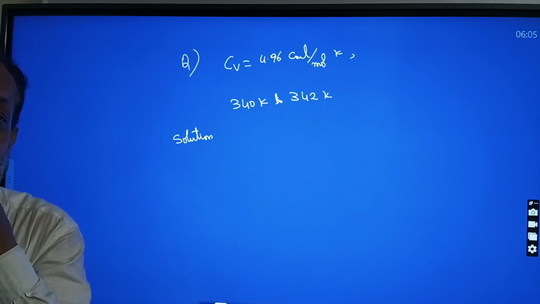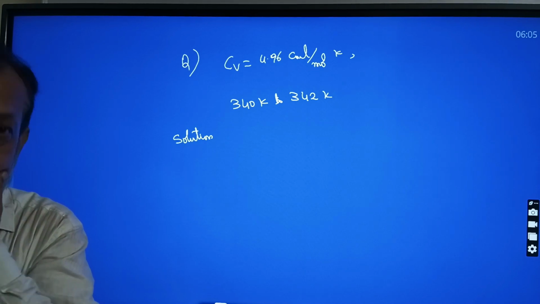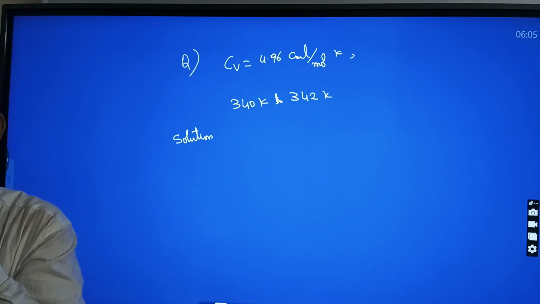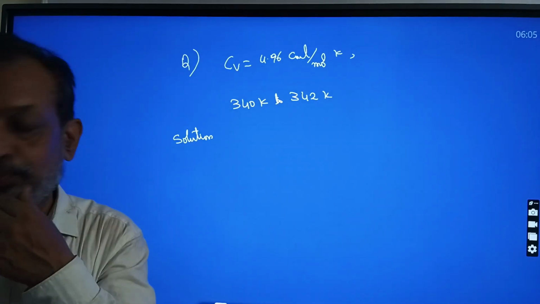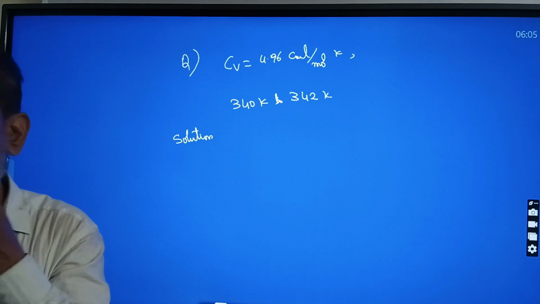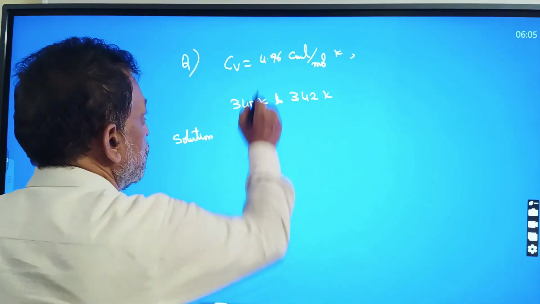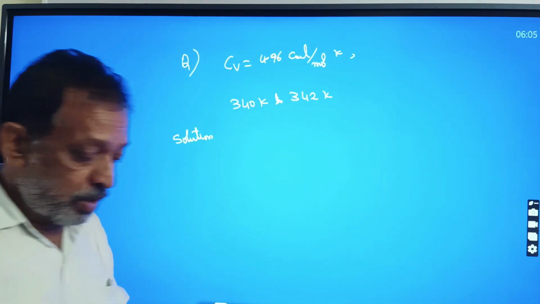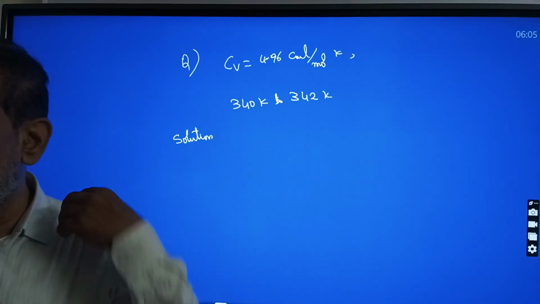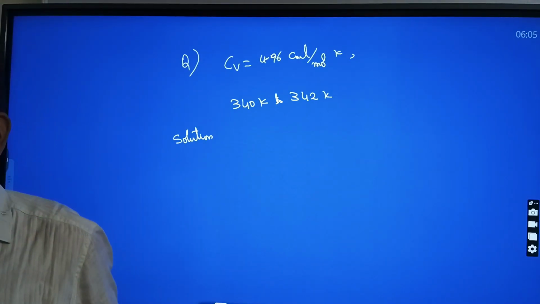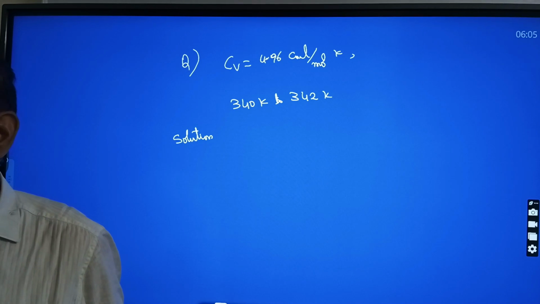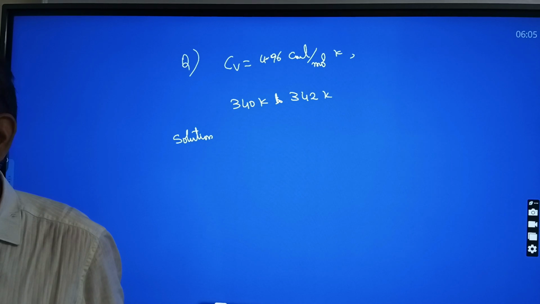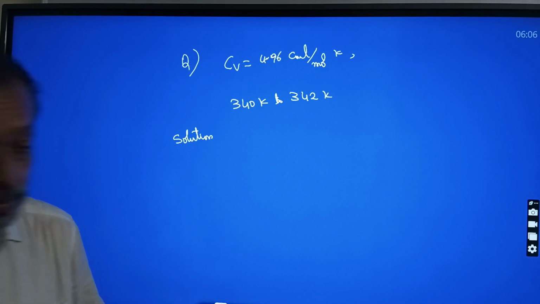That value is given, 4.96. So the increase in internal energy when the temperature of 2 moles of this gas is increased from 340 Kelvin to 342 Kelvin.